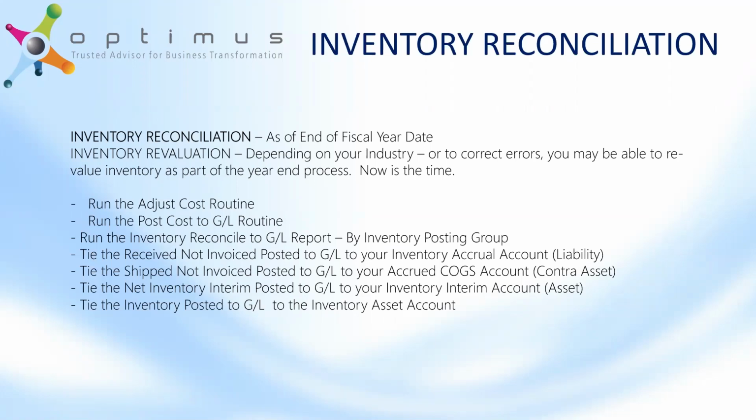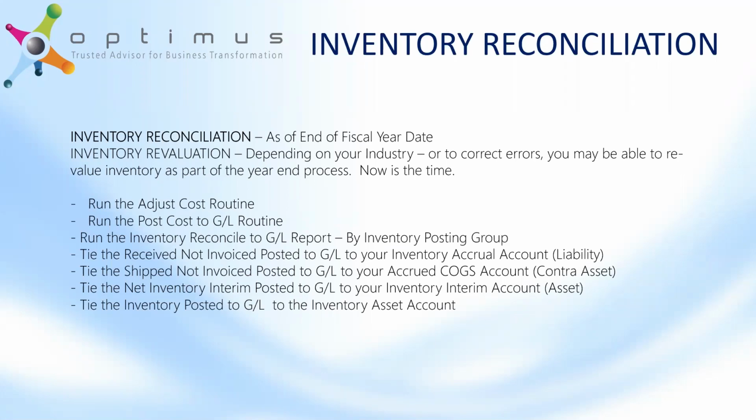Then reconcile. Reconcile all your accounts. Know the value of the inventory you have in warehouses. Know the value of the inventory that you have not yet shipped, or maybe you have shipped it, but not invoiced, okay? But that at some point will be a cost of goods sold. So we need the value to reconcile it into our interim accounts or a contra asset account, okay?